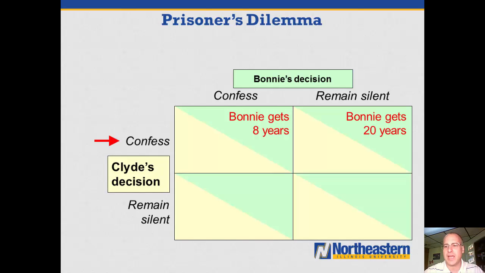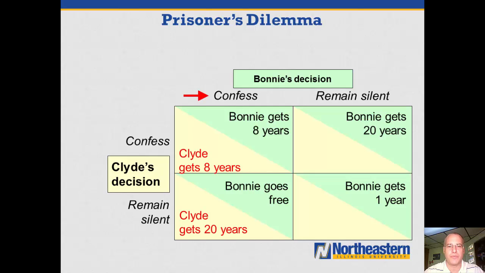If she remains silent, she gets 20 years in jail. If Clyde remains silent, though, Bonnie gets to go free if she confesses, or goes away for a year if she remains silent. Now, these decisions are symmetrical from Clyde's perspective. Clyde knows if Bonnie confesses, he should confess and get 8 years versus remaining silent and getting 20 years. But if Bonnie remains silent, then Clyde's going to go free if he confesses, or get 1 year in jail if he remains silent.